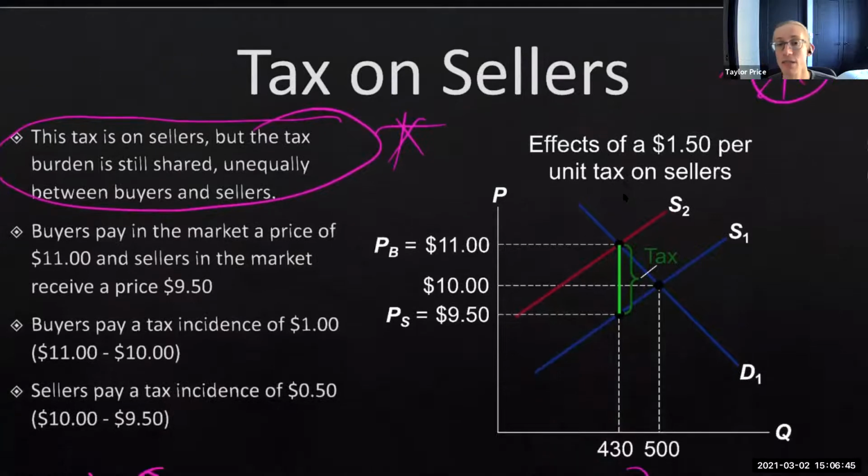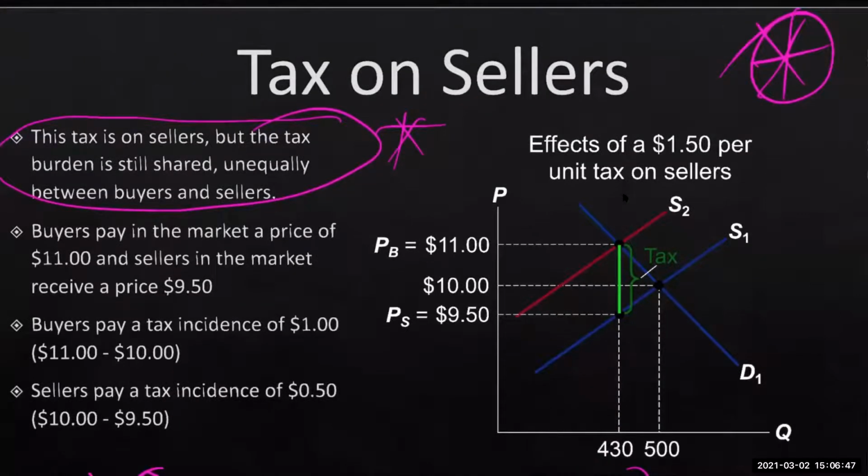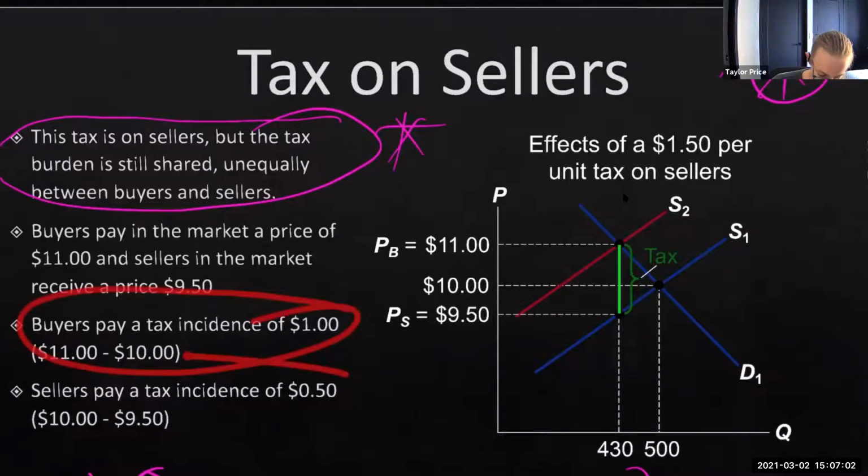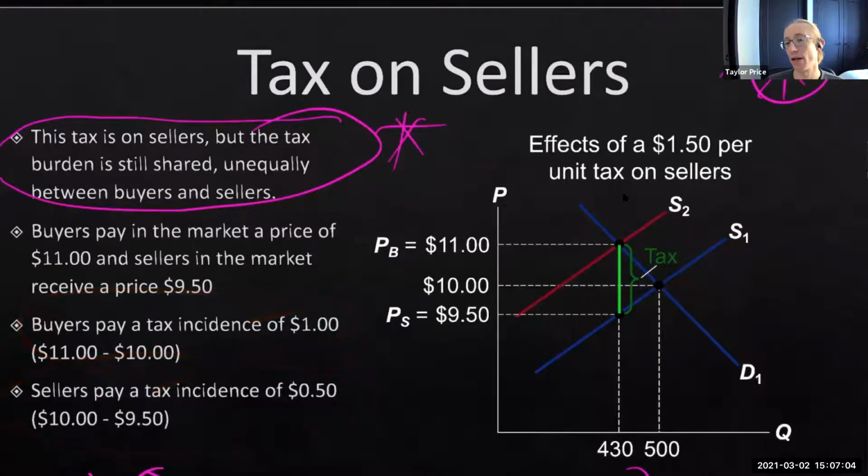When it's on sellers though, as long as the original demand and supply curves are the same as in the prior example, the burden or the tax incidence sharing between buyers and sellers is going to be exactly the same regardless of who the tax is on.